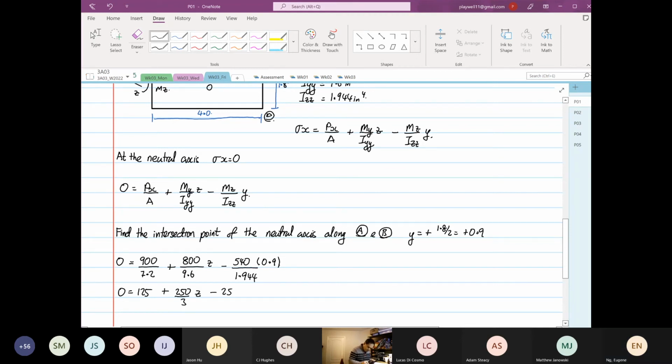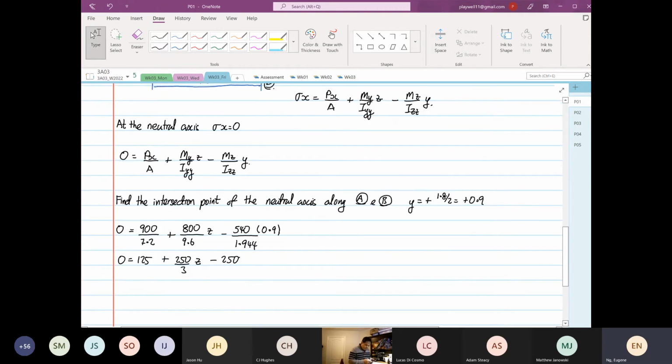So 125 minus 250. Wait, 125. So this is equal to 0. It's equal to 250 over 3 z, so this will be equal to minus 125.